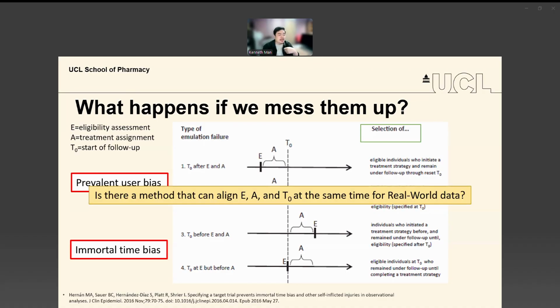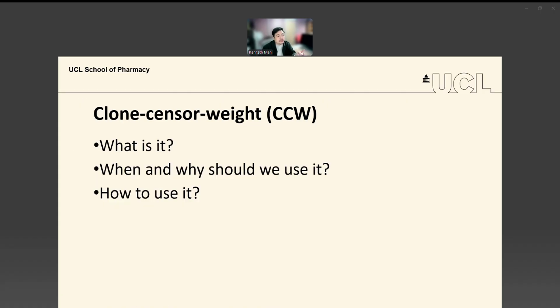So is there a method that could align the eligibility assessment, the treatment assignment, and also the start of follow-up at the same time for real-world data? That comes along with today's main dish, the consensus weights.